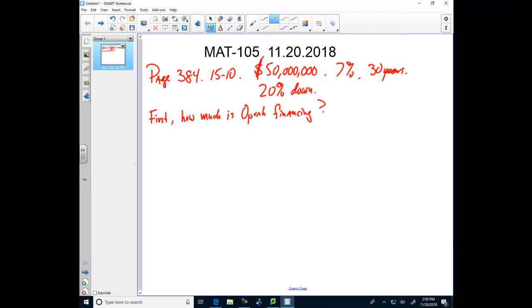Or remember what we were doing back at the beginning of the class? We were looking at problems and we were finding the complement. So I'm going to use that fact here. Here's what I'm going to do. To find the amount financed, I'm going to take the $50,000 and I'm going to multiply it by 0.80.